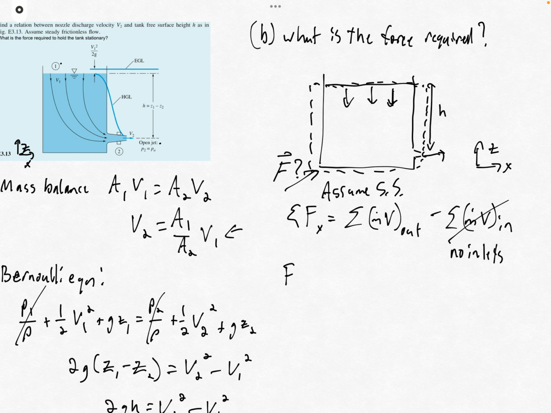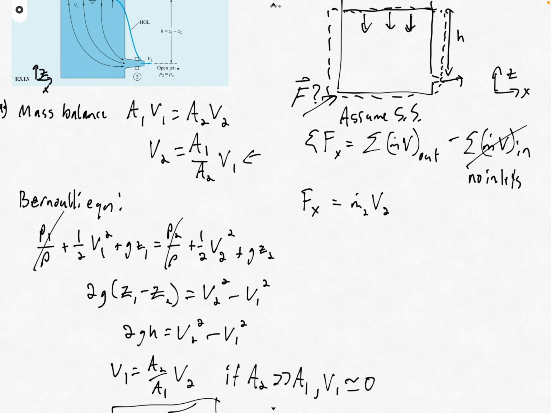So we're going to say Fx is equal to m dot 2 times v2. And I guess by mass conservation with one inlet, one outlet, we know m dot 1 is equal to m dot 2. But we'll put this in terms of what's going on at control surface 2. So Fx is going to be equal to rho times A2 times V2.